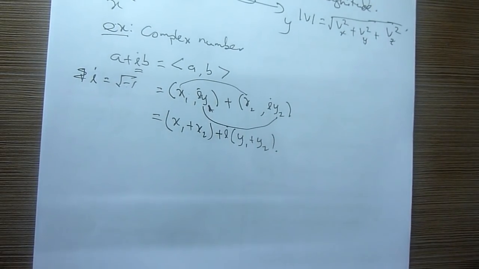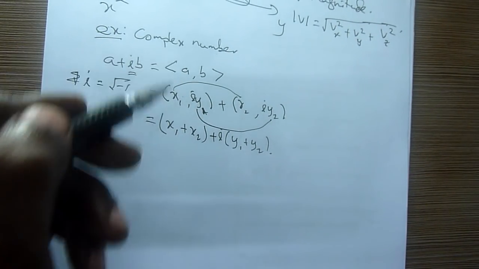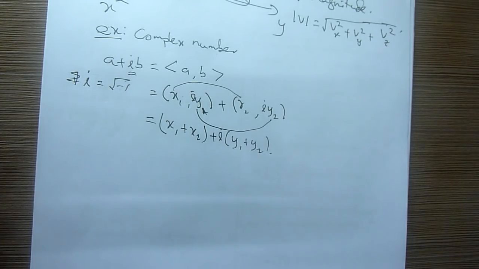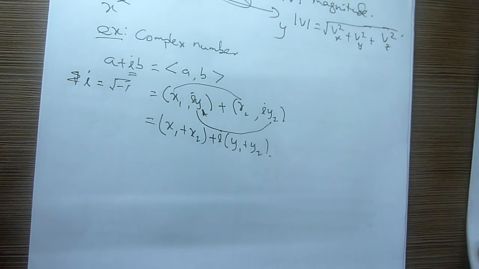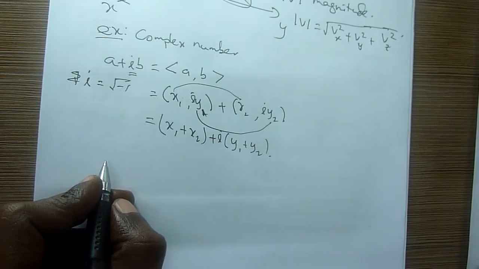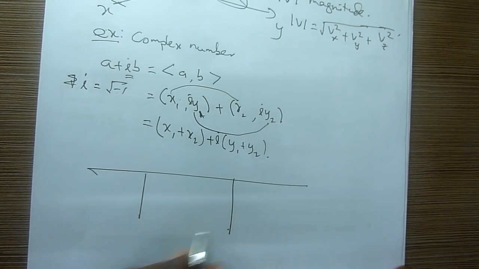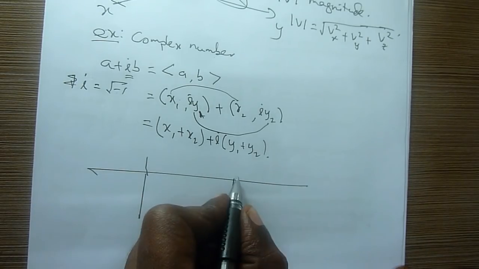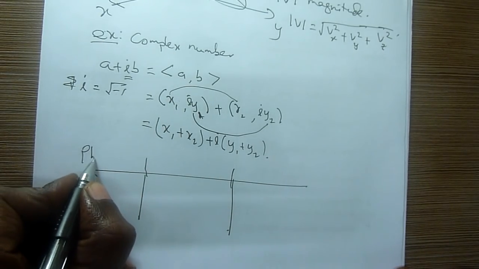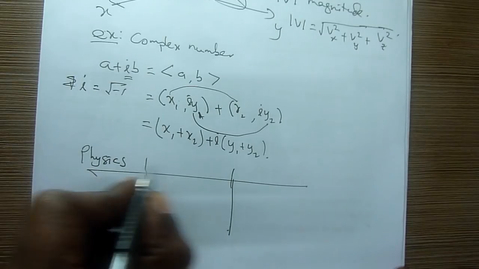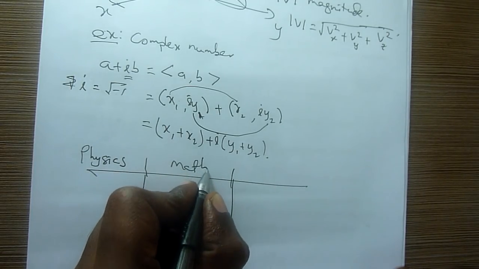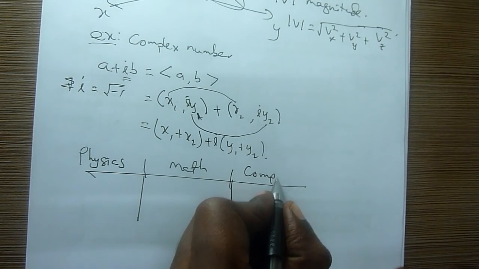But anyway, we can represent a complex number as a vector as well. Therefore, vector can be explained in three different fields: physics, math, and computer science.